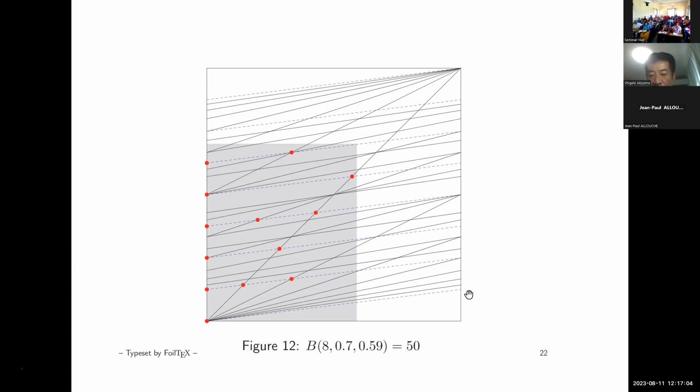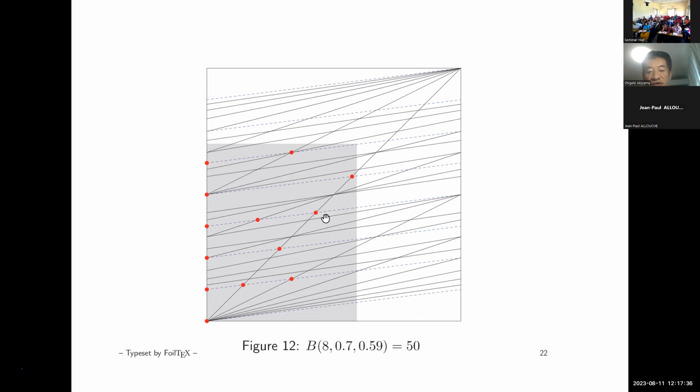So this is 1/8, the slope is 1/8. If you want to compute how many cells exist in this shaded area, then this dotted line is slope 1/8, and you count how many new intersections exist.